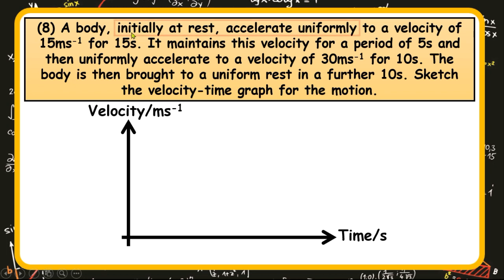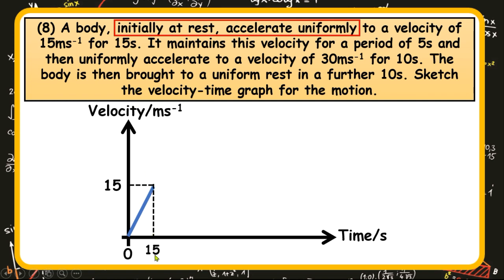Starting, it says it started from rest and it did a uniform acceleration. So starting from rest means 0. That's the starting point. And it was a uniform acceleration. So that is it. It got to a velocity of 15 meters per second for a time of 15 seconds.